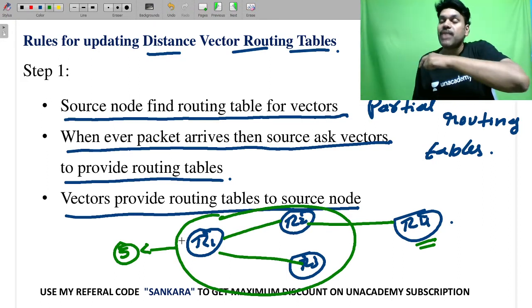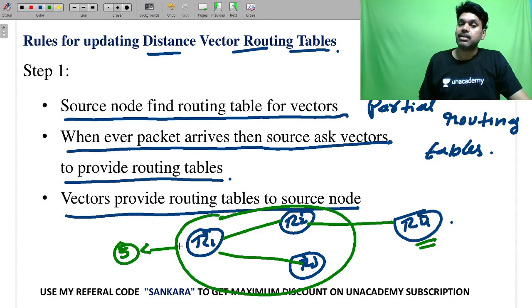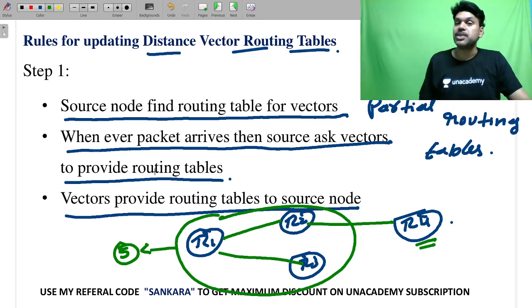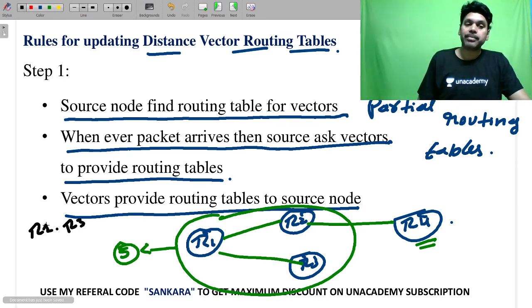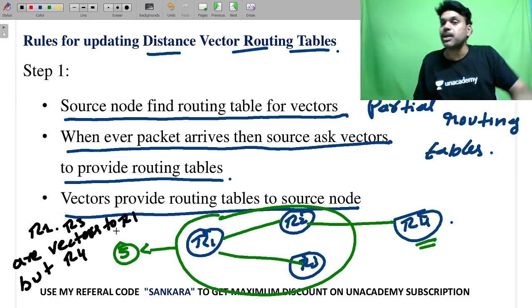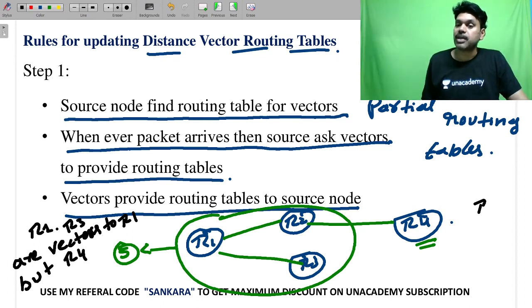Then we will extend our values to non-vector values with the help of vector routing tables, because R4 is a non-vector to R1, but R4 is a vector to R2. Please understand carefully. According to this diagram, R2 and R3 are vectors to R1, but not R4. But R4 may be a vector to some intermediate node. Therefore, I can confirm here that R4 is a vector to R2.